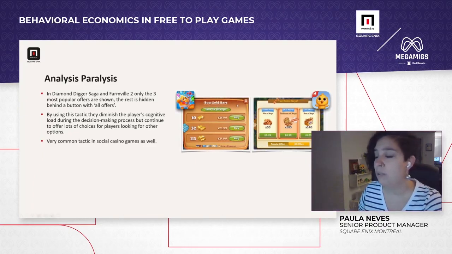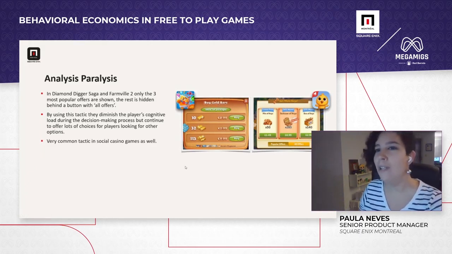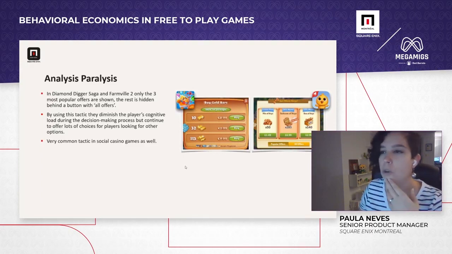Social casino games do this very well, and they couple this with one of the things I said I wouldn't really dive into, which is choosing the price according to how much the player has spent, right? If you combine what you show with how much the user has spent in the last X days, and you cater the bundles to that player's spend, and the rest you hide behind an all offers button or a show all packages button, it has a two-way effect of diminishing analysis paralysis and also catering that bundle to the user.